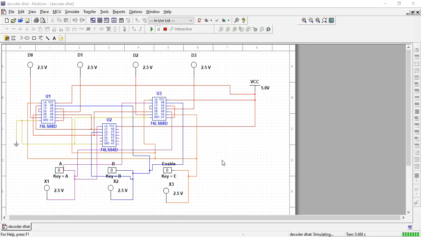Here I already constructed the decoder circuit. Now I just simulate. First we enable the enable line, then run it.